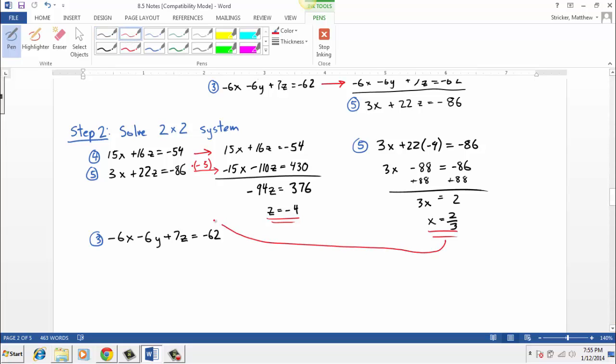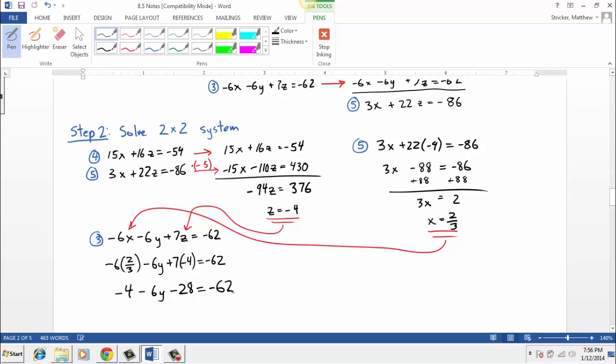and I plug the 2/3 in for x, and I plug the negative 4 in for z, that's going to be negative 6 times 2/3 minus 6y plus 7 times negative 4 is equal to negative 62. Negative 6 times 2/3 is a negative 4, minus 6y minus 28 equals negative 62.